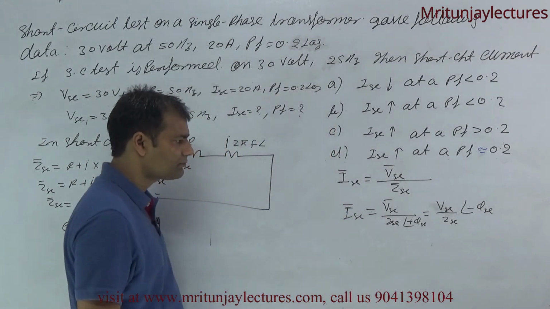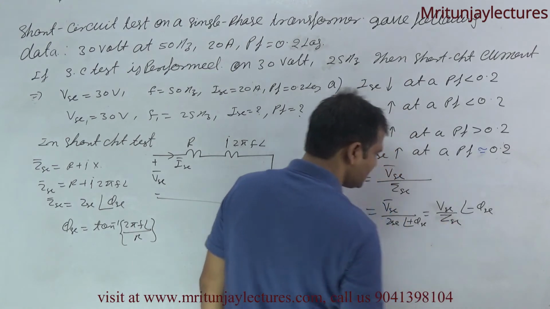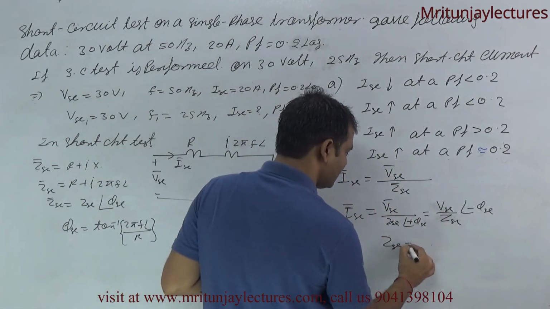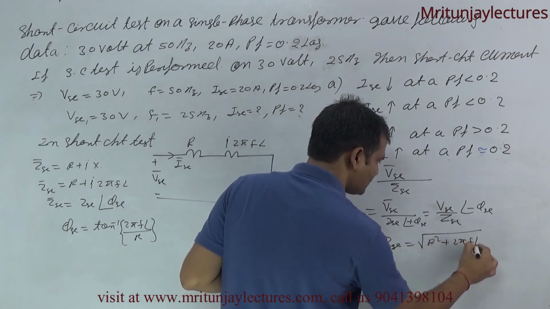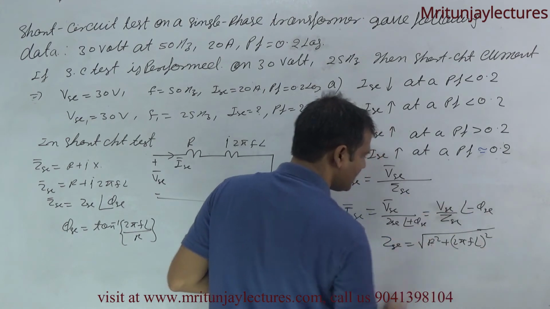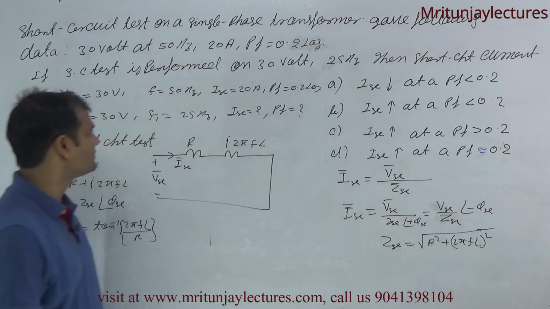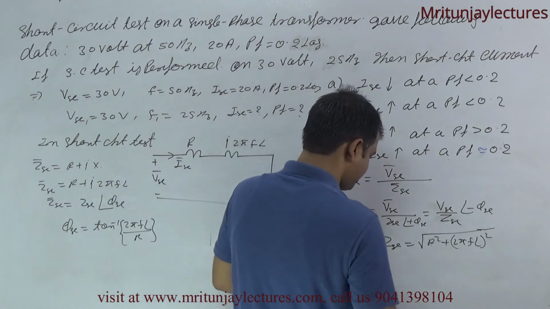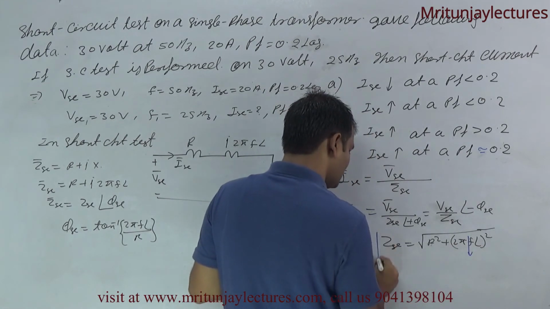Now I know that ZSC equals the square root of R square plus (2 pi f into L) the whole square. Clear? According to the question, if frequency decreases, what about ZSC?